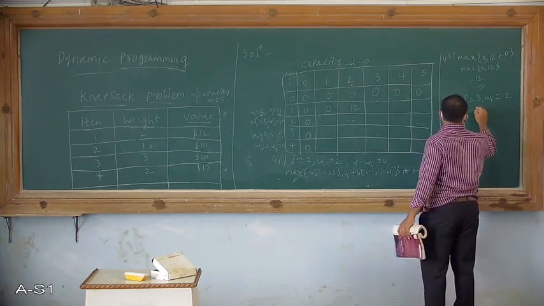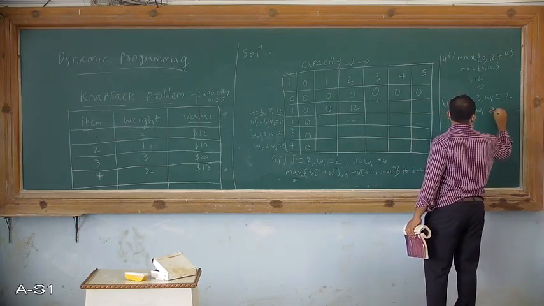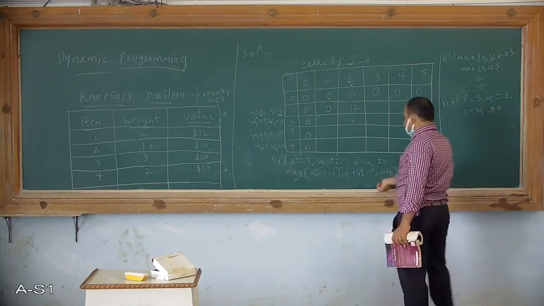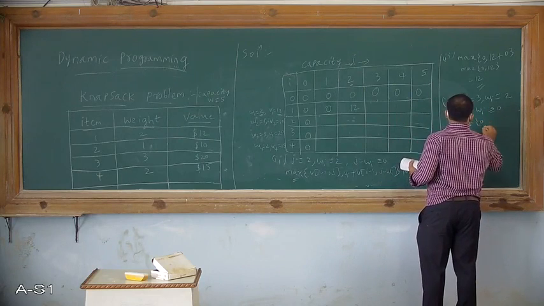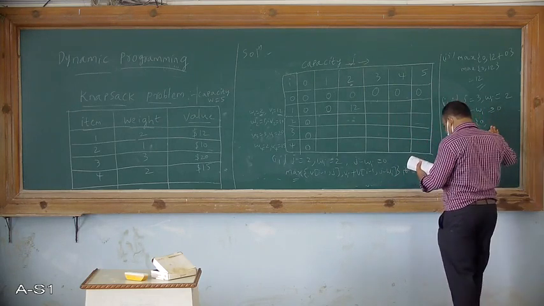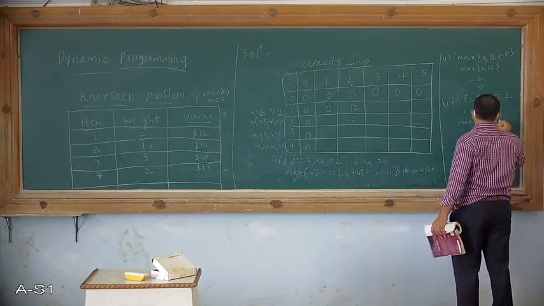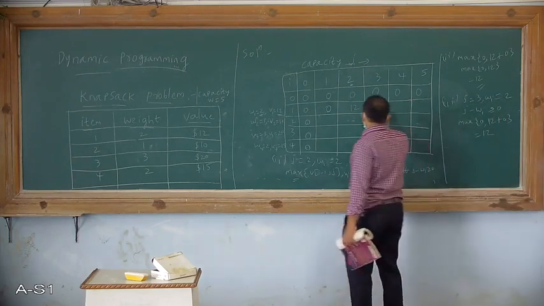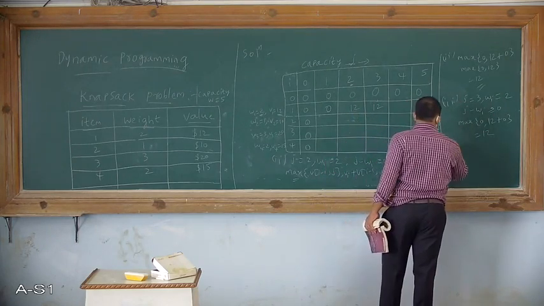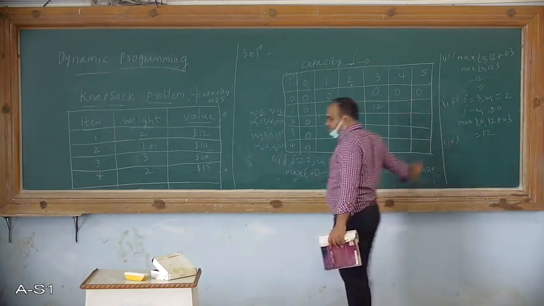So j minus wi is greater than or equal to 0, so we will apply this formula again. Max of 0 comma 12 plus 0, which will come 12. So I will fill in 12 here.